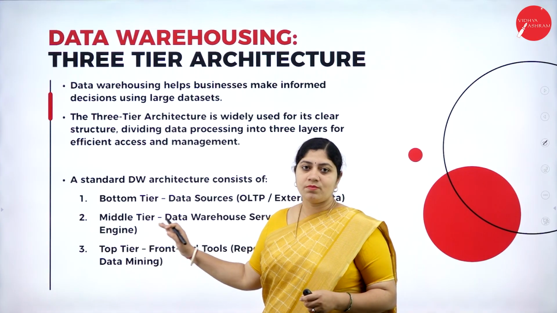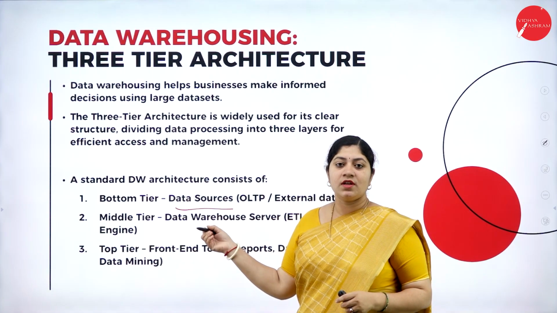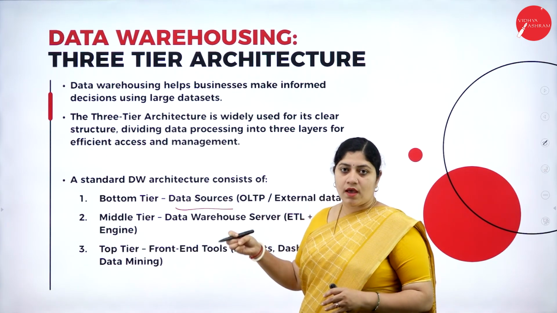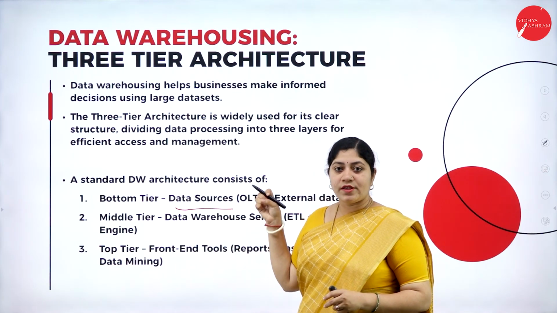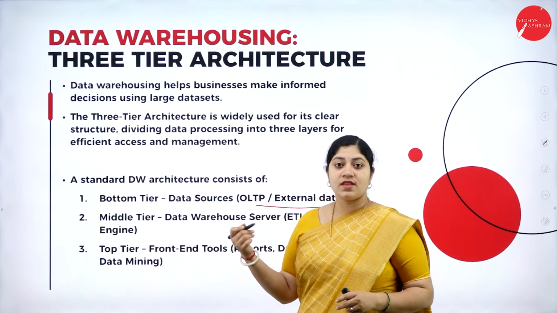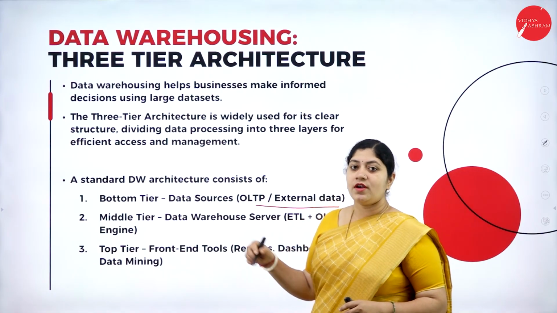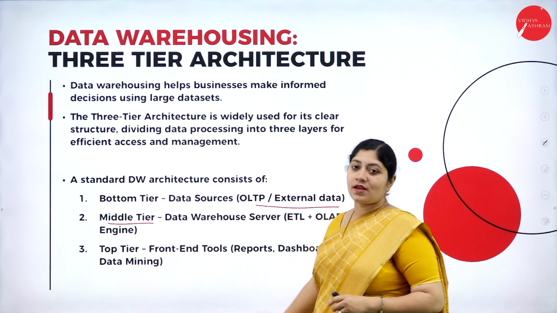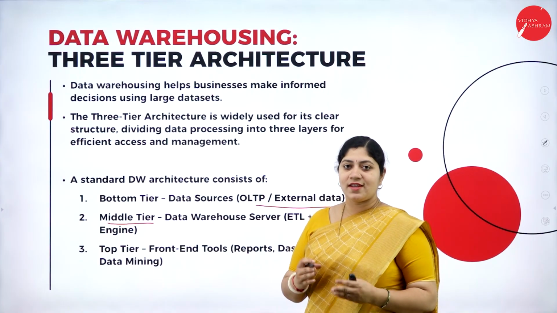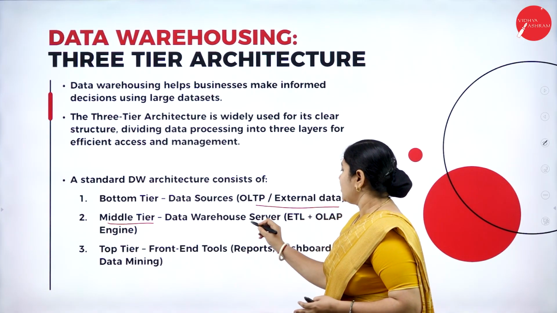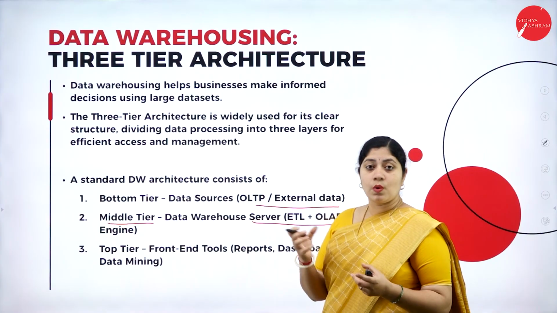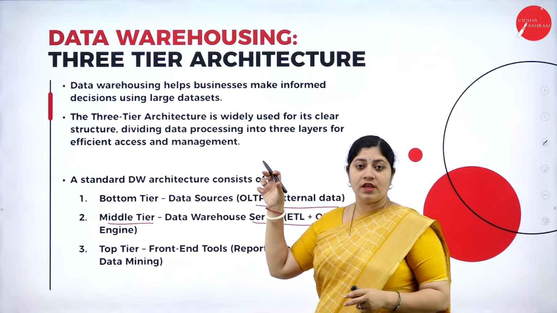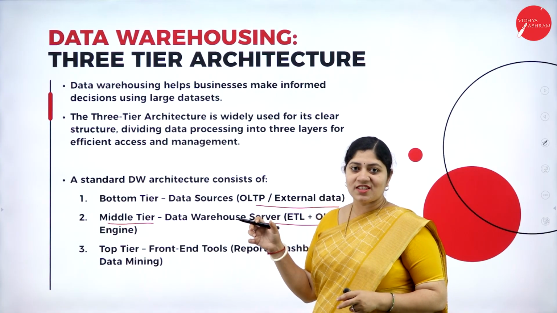Now, the bottom tier will consist of the complete data sources, like the data from OLAP or the data from the extraction, which is also called external data. Moving forward, the next tier is none other than the middle tier. The middle tier is none other than our data warehouse, where there is a server which holds the ETL. This diagram we have already seen, which includes ETL. ETL is nothing but, do you remember that?